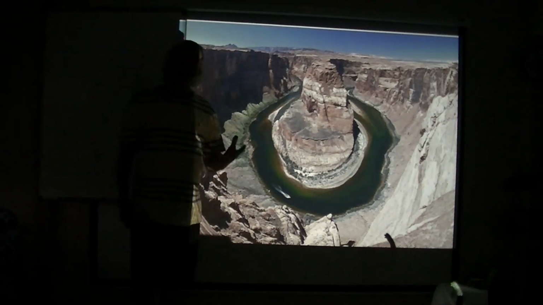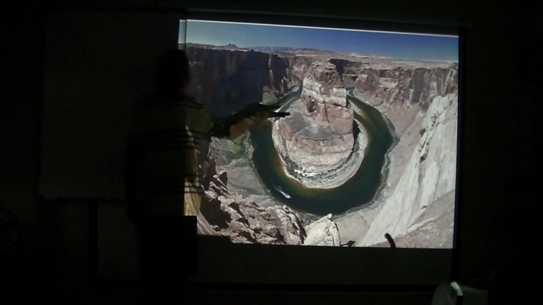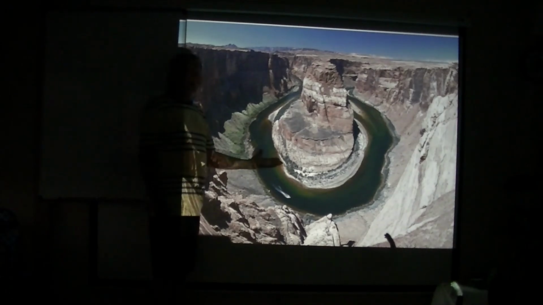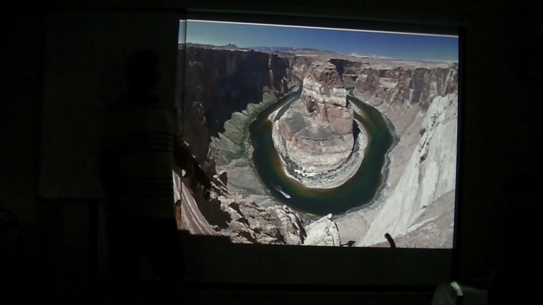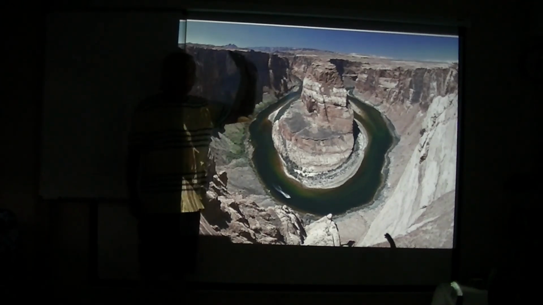One of the hypotheses is that this was a flat land with meandering streams, and that the Colorado Plateau uplifts very slowly. It doesn't increase the gradient of the stream, because if you increase the gradient, the stream instead of meandering would go straight.